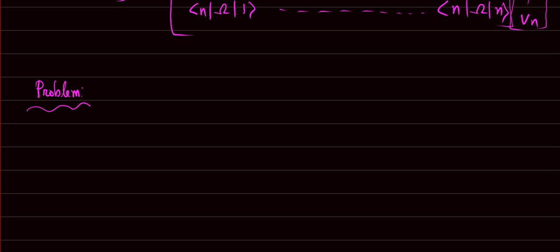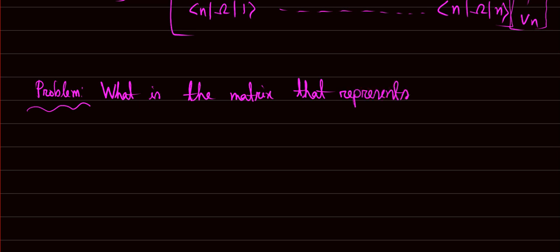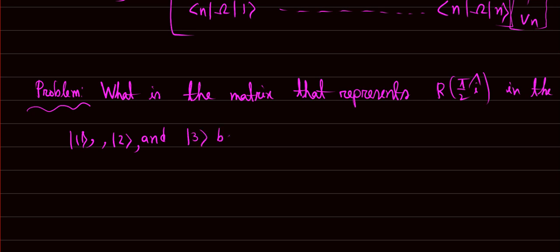So the problem will be, what is the matrix that represents our rotation matrix about the I unit vector in the 1, 2 and 3 basis?